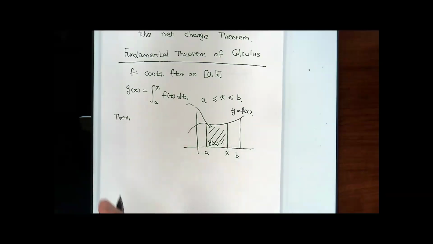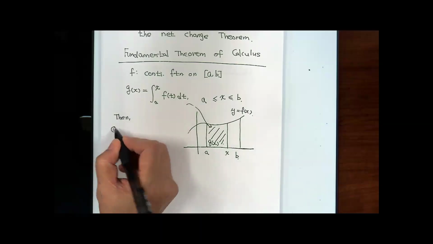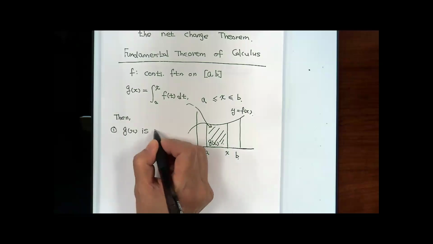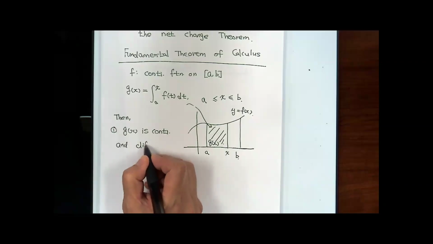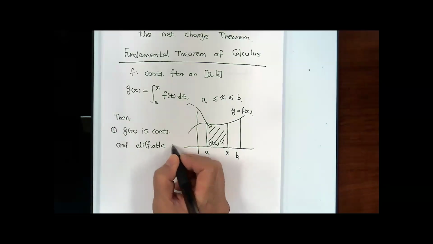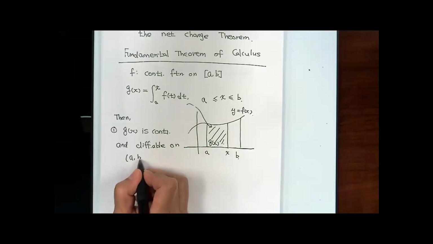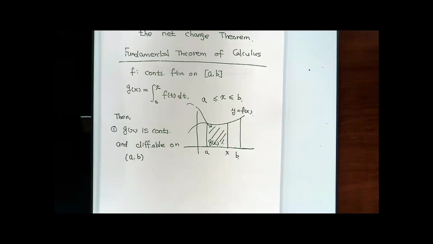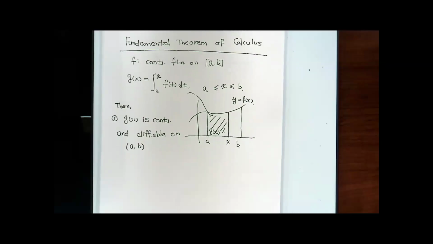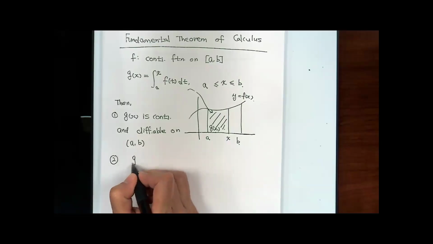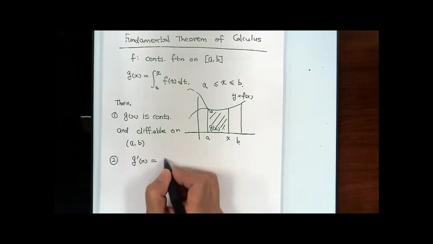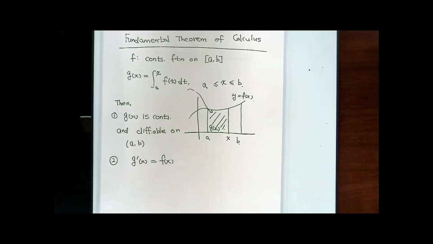Then the fundamental theorem of calculus says g of x is continuous and differentiable on the open interval a to b. More importantly, when we differentiate the function g of x, that'll be the original function f of x.